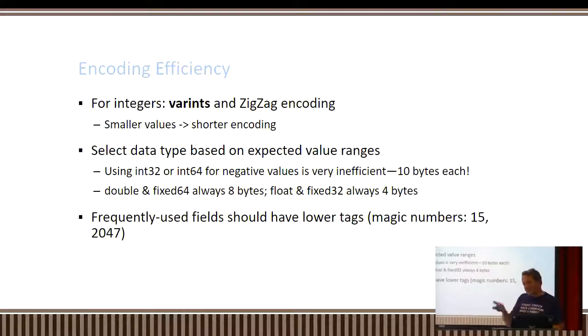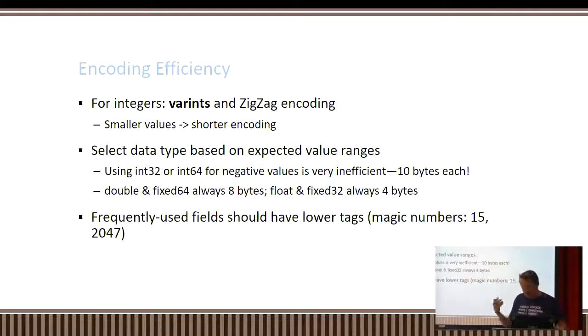And zigzag encoding is for when you have a situation where your values can jump around zero, so negative and positive. You can read the details on the GitHub about how it works, but basically the idea is that small magnitude numbers should have small encoding.